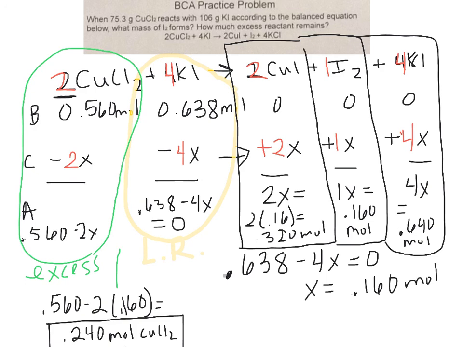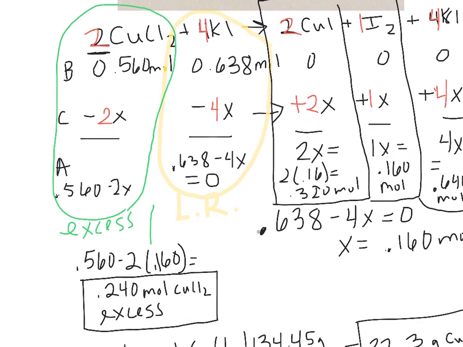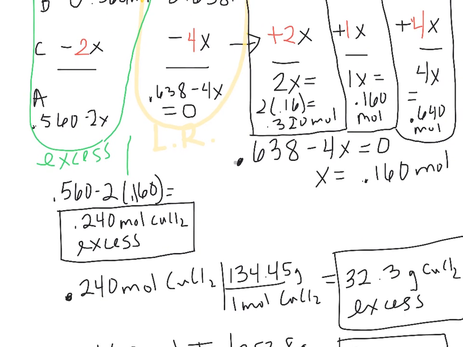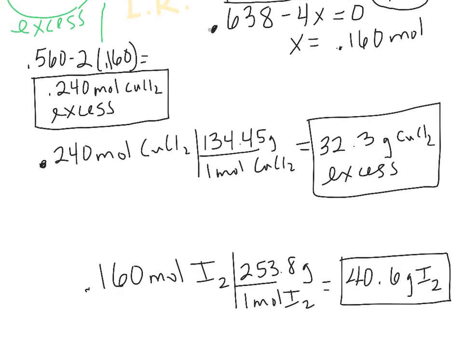And the most important part, which sometimes gets asked on a bonus question, is checking out that excess reactant, that one there that I highlighted in green. We were able to determine the excess amount, and then I went through and actually found the grams of excess that you could expect when the reaction was done. Hopefully that helps.